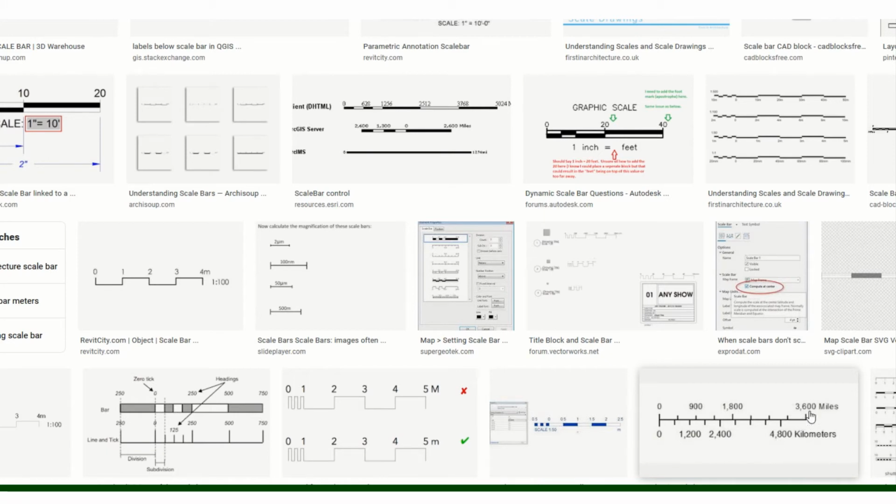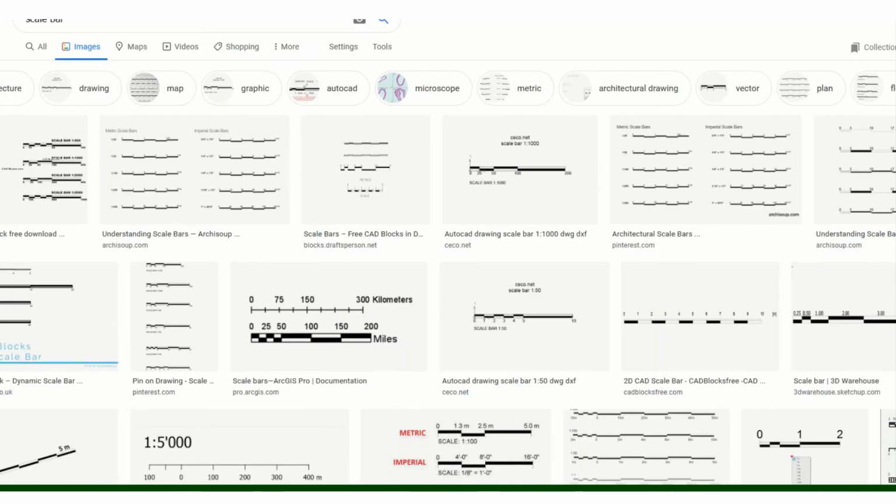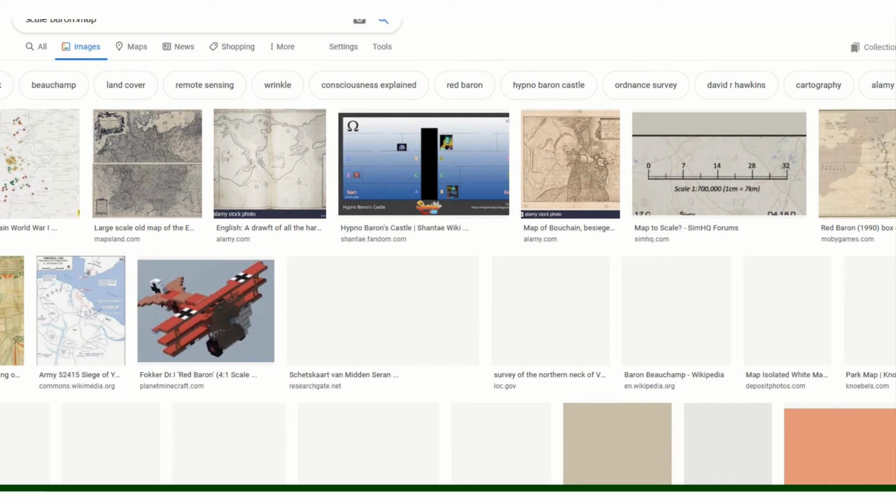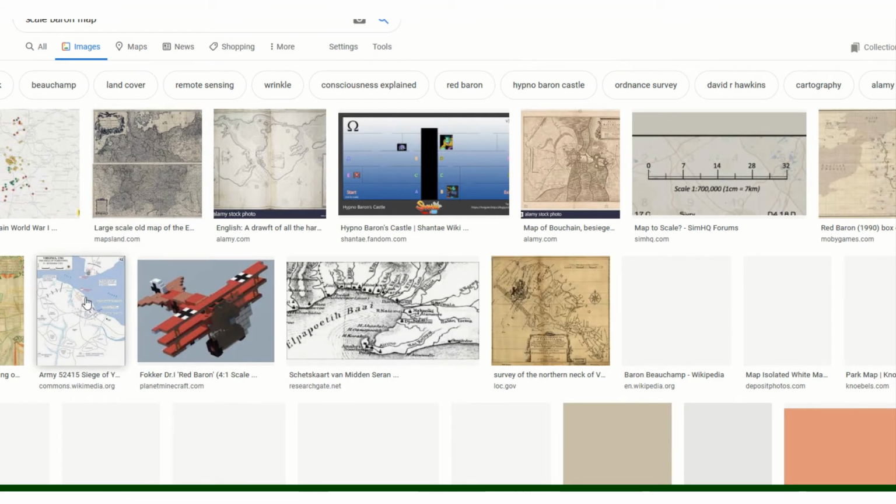Here 3,600 miles, which is equal to 4,800 kilometers. Or you can see here 9 miles. But I want to look at the scale bar on the map. Here you can see.